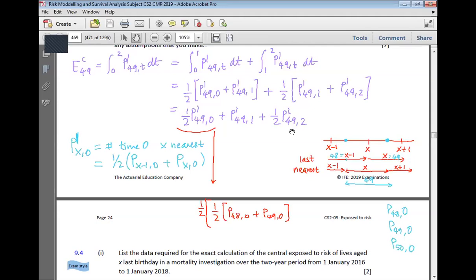Any doubts, anyone? So maybe I should write this. What is the value of P48? It is 3486 and 3450. Yeah, so this is what you will have for this red arc.